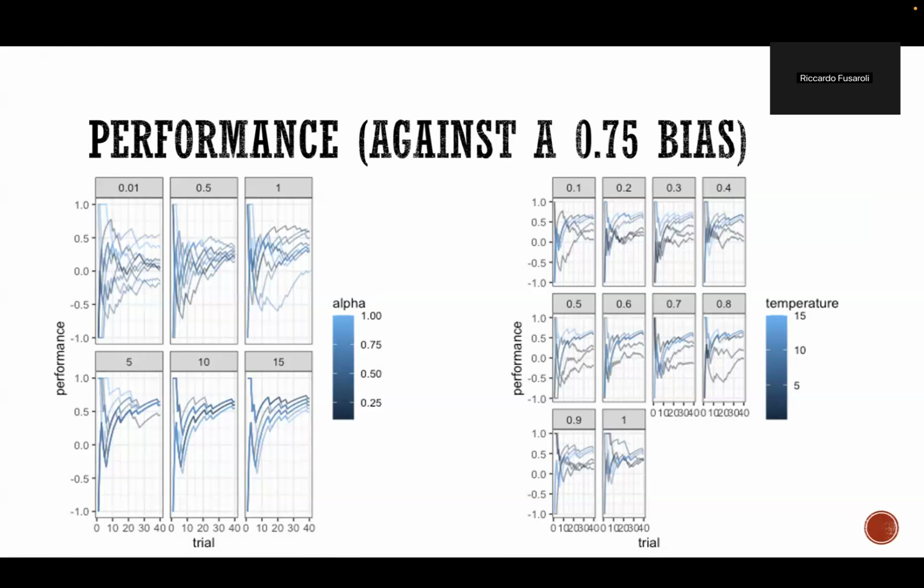On the right is exactly the same data, but flipping which parameter is in the panels and which parameter is the colors. We can see that with a high learning rate, independently of the noise, they converge, not very quickly, but after 40 trials, towards 0.75, which on this scale is 0.5 because I did it from -1 to 1.